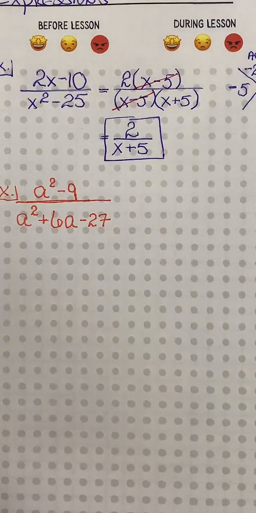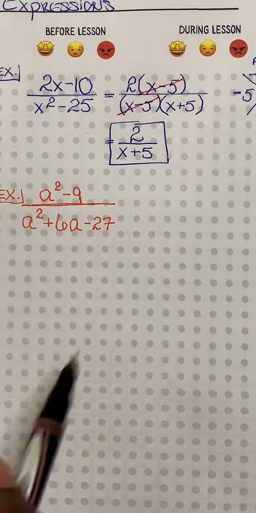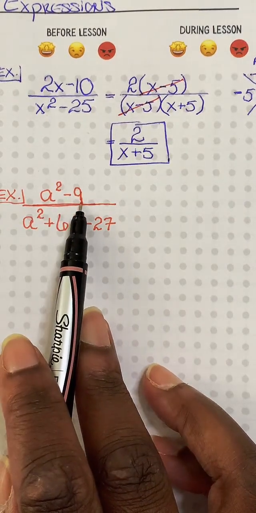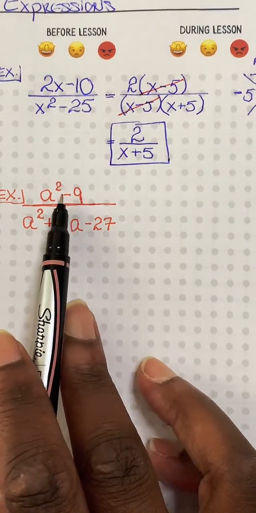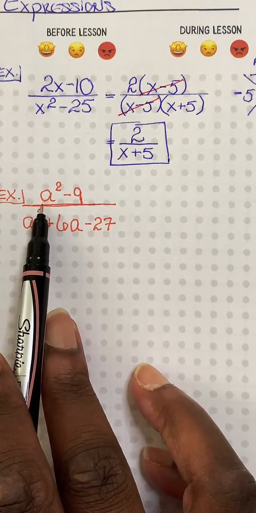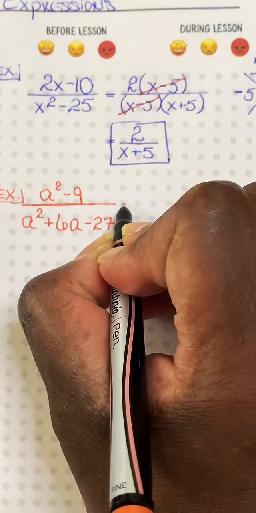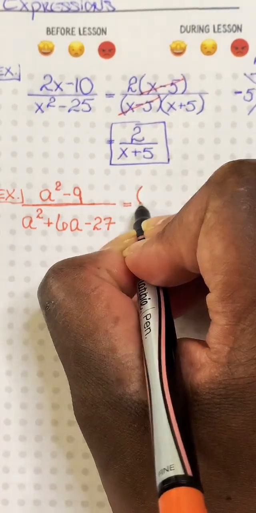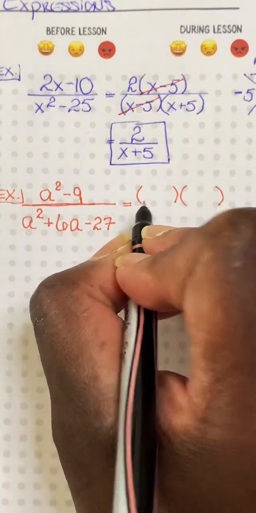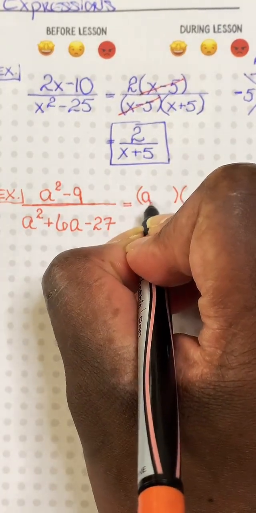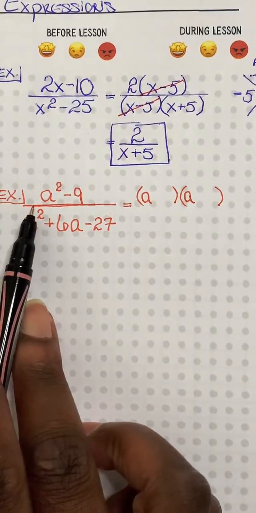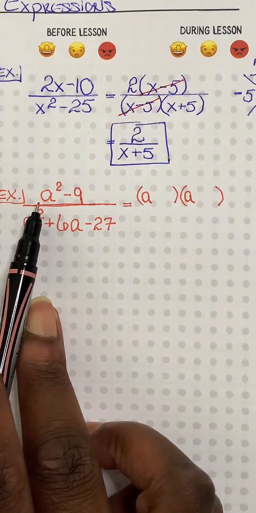All right, so now let's break it down. A squared minus 9. 9 is a perfect square, so this is a difference of squares. If we break down our numerator, I can break it into two parentheses. In the first parenthesis, I'm going to right away split my a's up. The reason I can do that is because my leading coefficient is 1.